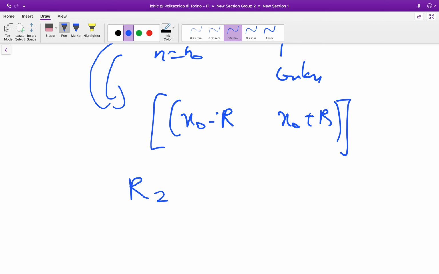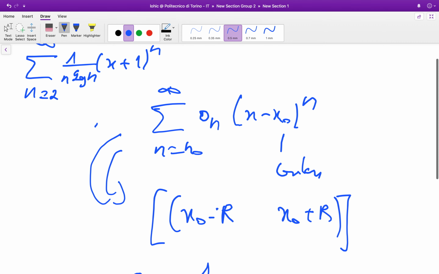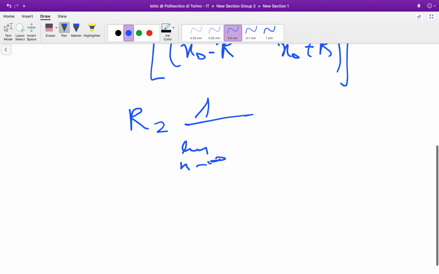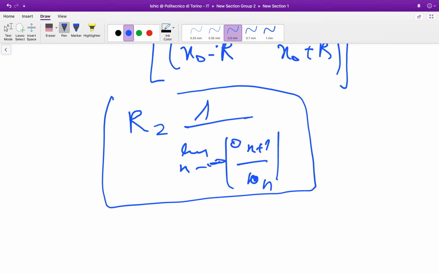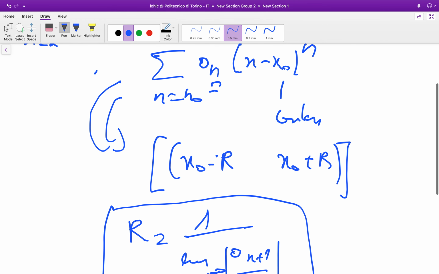R is actually 1 over the limit as n tends to infinity of an plus 1 over an in absolute value, right? This is exactly how you get the interval of convergence of a power series.